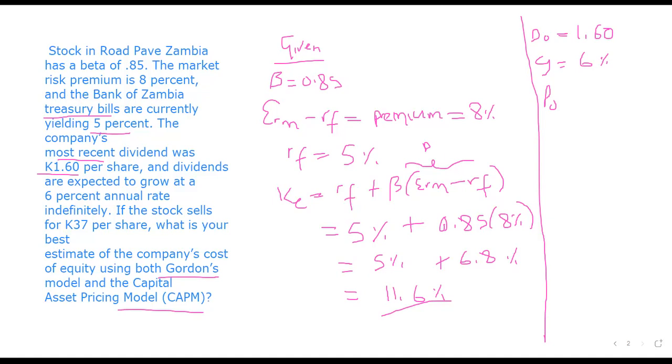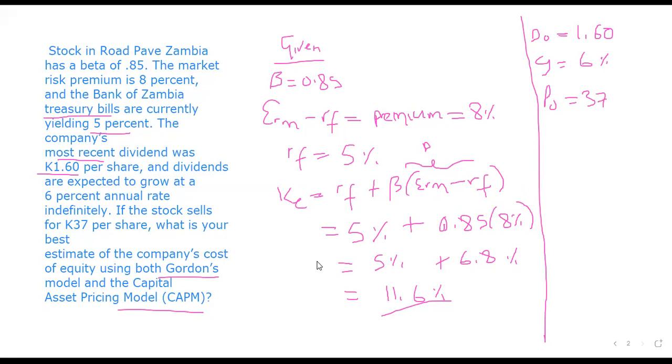Okay. Yes. What are we given? We want to use Gordon's model. So our P0 is what? 37. Okay.